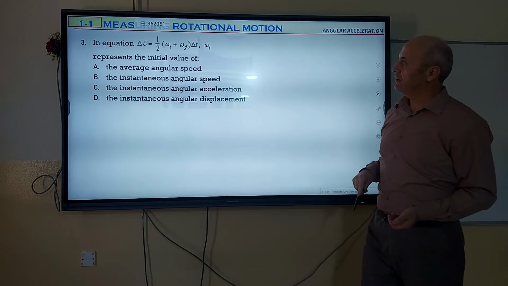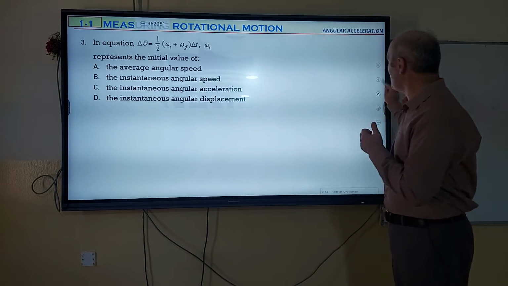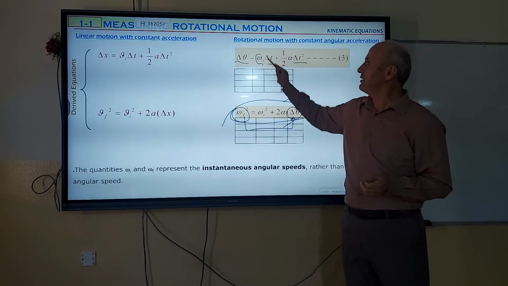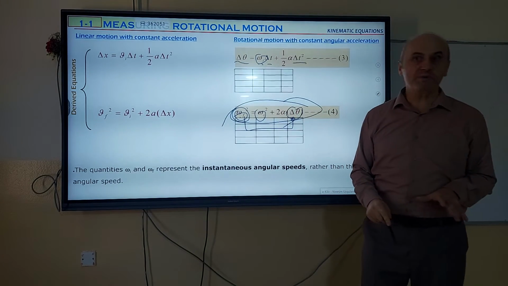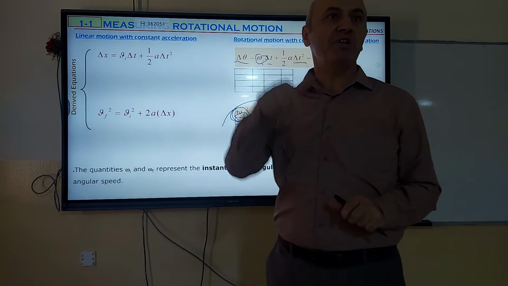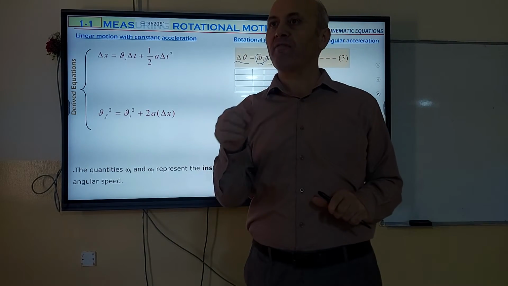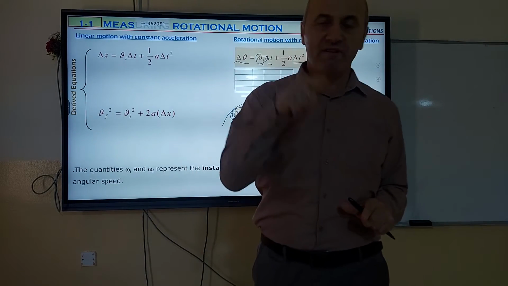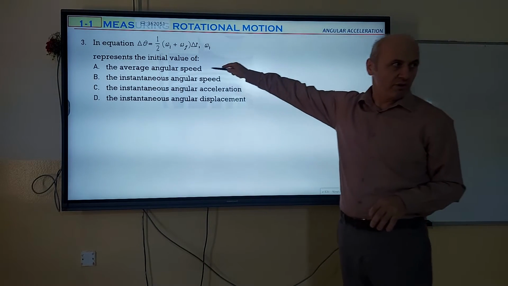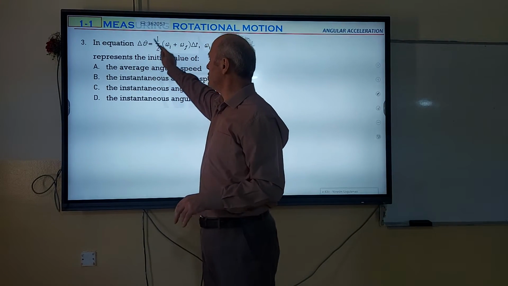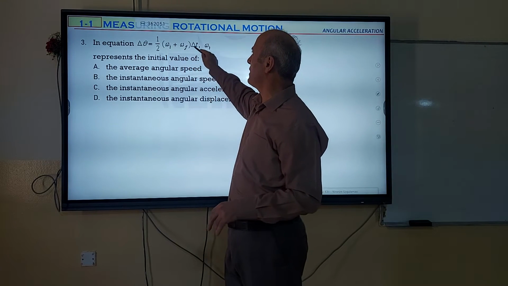Let's check. Okay, in here omega initial and omega final are instantaneous angular speeds, which means omega initial belongs to the initial instant, and omega final belongs to the final instant. So this is the test bank question. Delta theta is equal to 1 over 2 times omega initial plus omega final, times delta t.